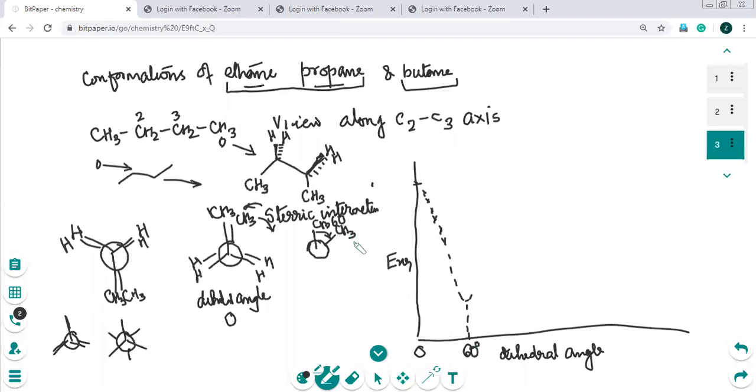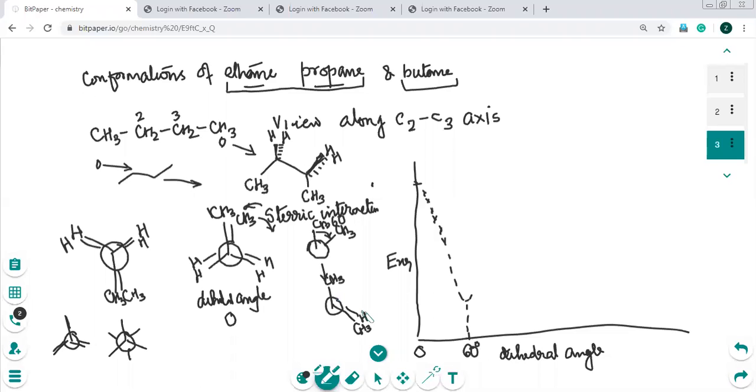Now continue rotation. When you continue the rotation, when it reaches 120 degrees, see here, the H and the CH3 come closer.